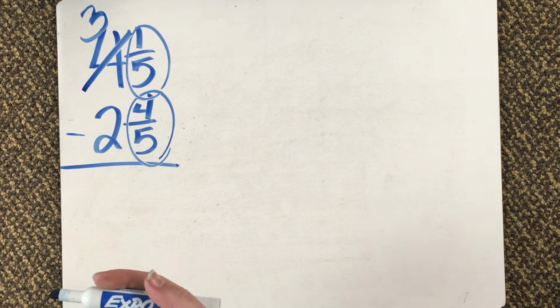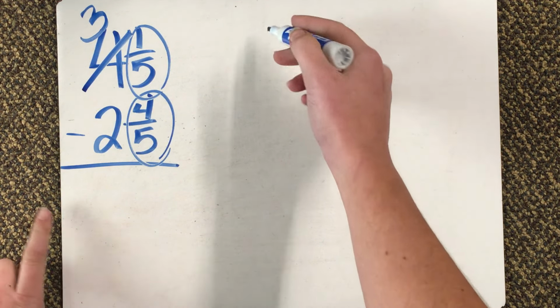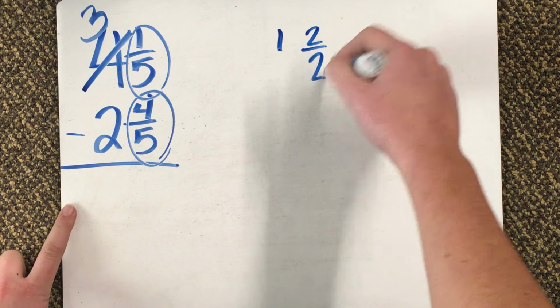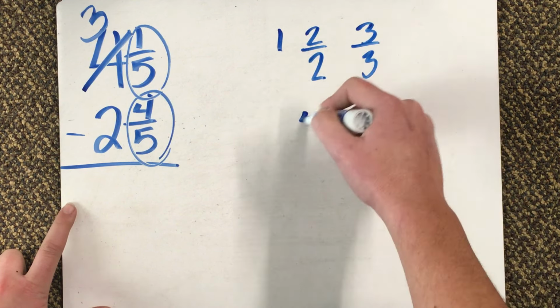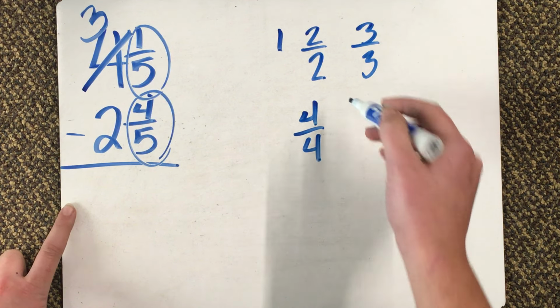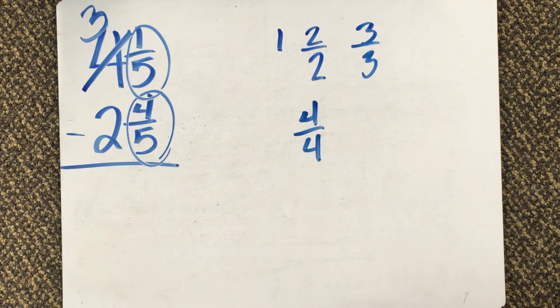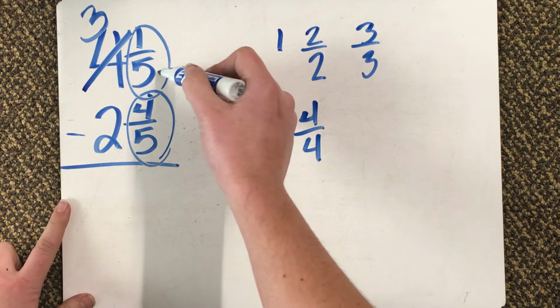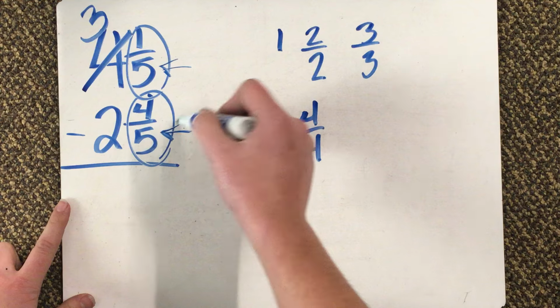And there are many ways to write one whole, especially as a fraction. We can write it as 2 halves, 3 thirds, 4 fourths, 1,000 1,000ths, whatever you want. But what's the most useful in our case, especially since we're dealing with a denominator of 5?